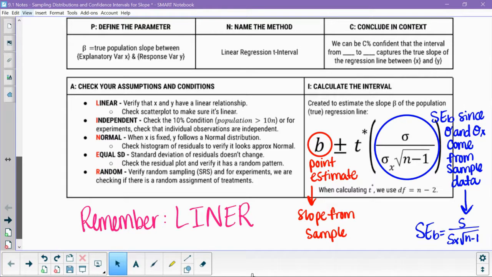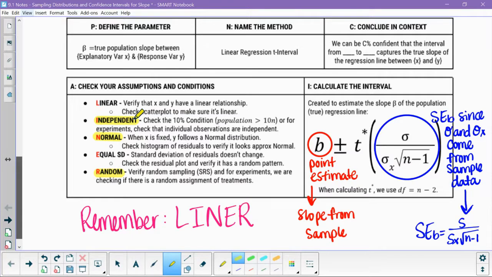Where things get a little bit different and a little complicated is with the assumptions and conditions. We are very used to checking three things: randomness, the 10% condition, and some form of normality. Now that is here. We do have those pieces. We do have randomness, we do have is it normal, and we do have the 10% condition in these assumptions and conditions for linear regression.